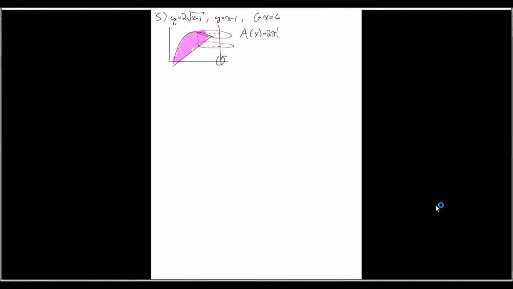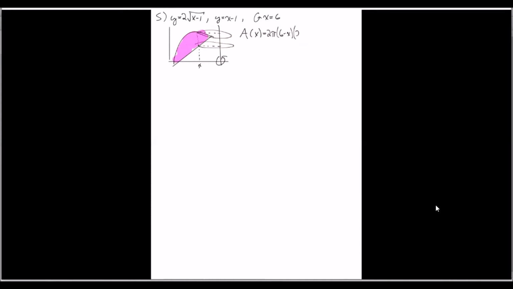Our radius here is this segment, which is at some x, and then we've got our line here, which is at x equals 6. So the distance between those two is 6 minus x. That's our radius, whereas our height is going to be the difference of these two functions.